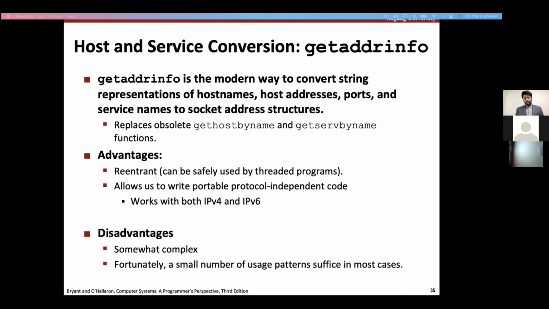One of the advantages of getaddrinfo is that it's re-entrant, and it can be safely used by threaded programs, and it allows us to write portable, protocol independent code, and it works with both internet protocol versions, IPv4 and IPv6.